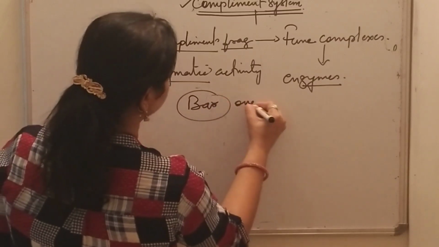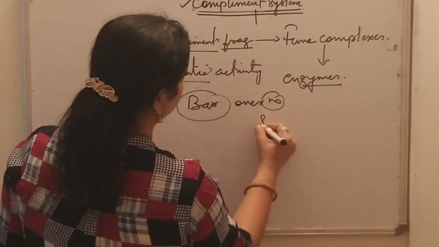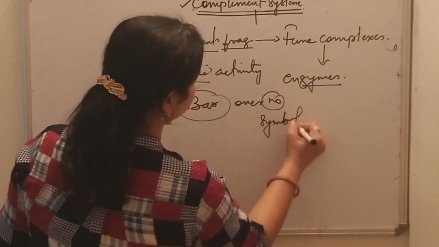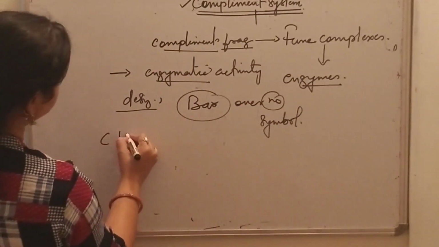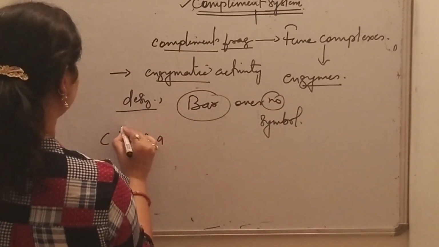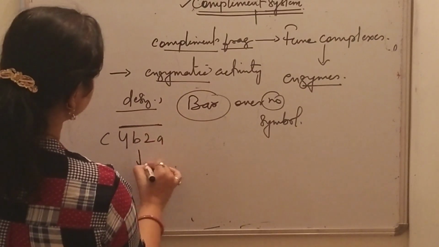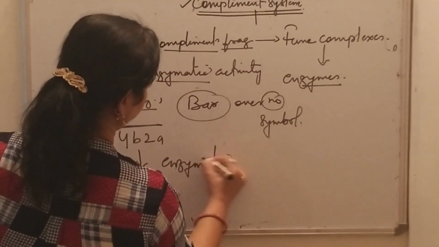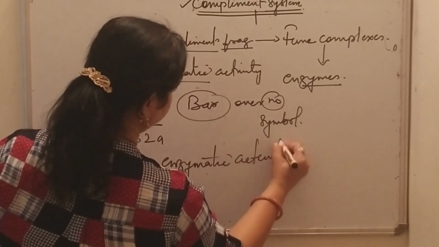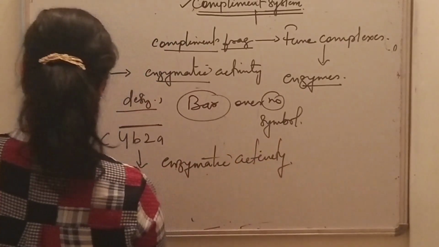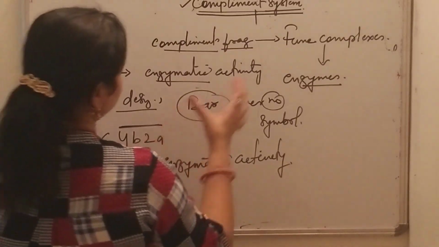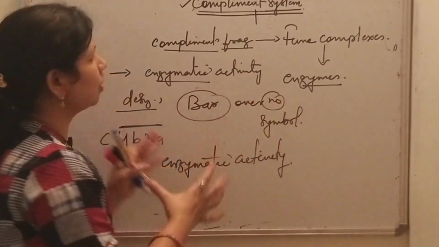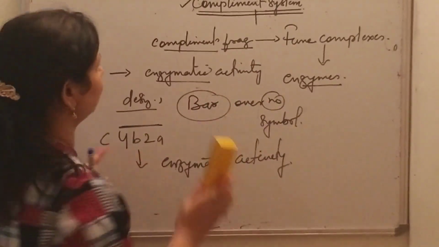For example, take C4B2A. Here a bar is there, which means it has enzymatic activity.